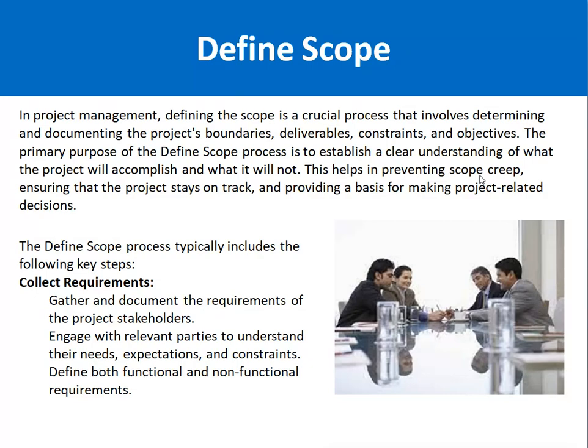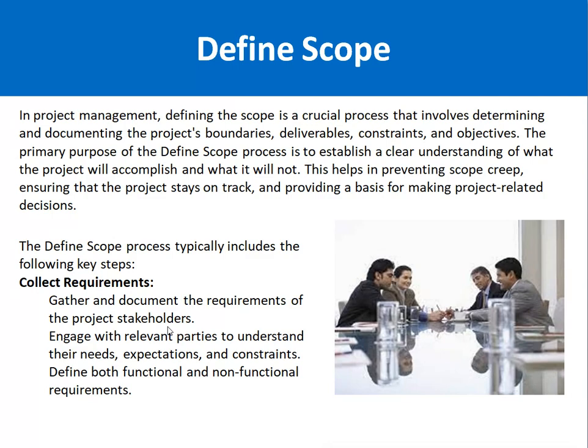Now, friend, if we talk about the key steps in the Define Scope process, one is Collect Requirements. Collect Requirements means that when the project has started and you are defining the scope of work, you have to sit with the customer and gather and document the requirements of the project stakeholders. Stakeholders are the persons who have some interest in the project. Stakeholder, these are two words: stake, meaning a positive or negative stake in the project.